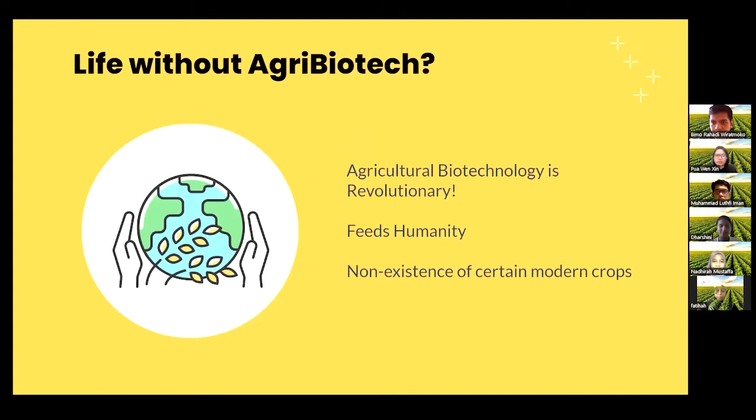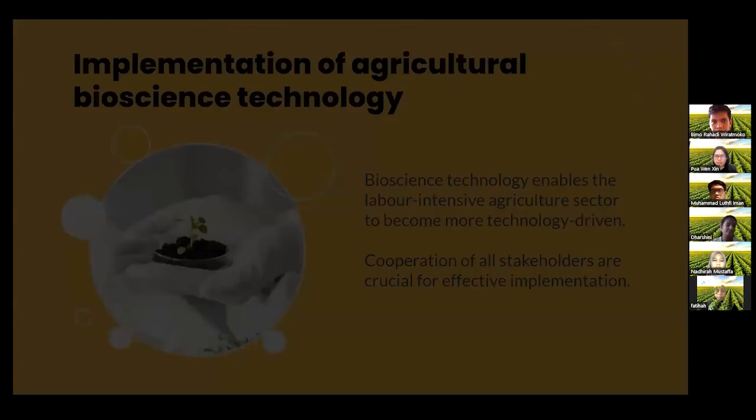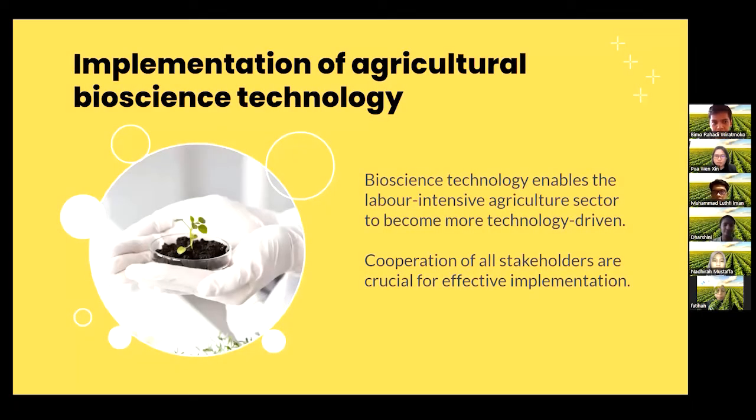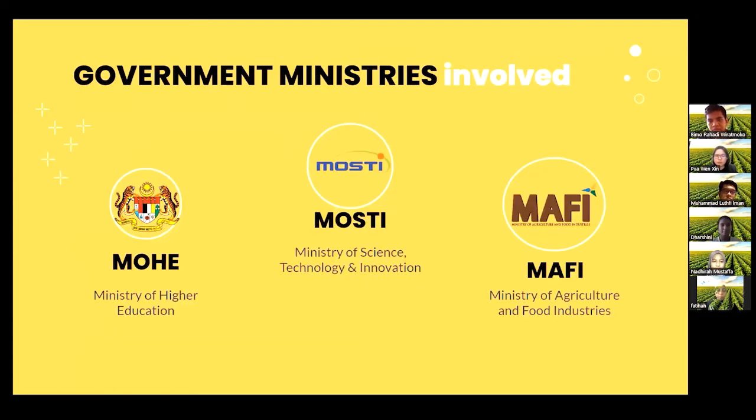Next, to enhance the competitiveness of the sector, biotechnology should be fully utilized with full support from stakeholders. So we should implement agricultural bioscience technology, with roles for the government ministries. They should be involved because they play roles in the development of agriculture, like allocating funds for R&D.